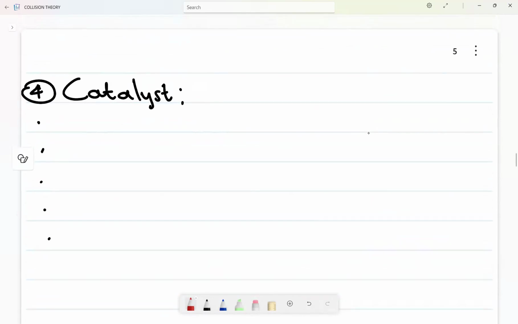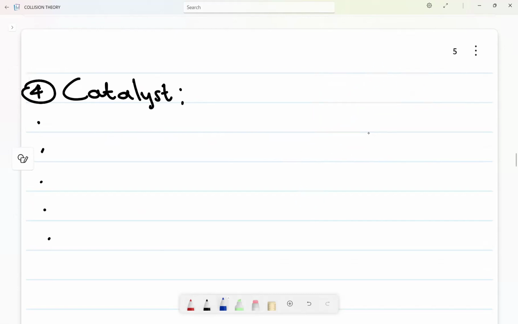A catalyst is just a positive catalyst. What does a catalyst do? A catalyst lowers the activation energy. So it provides a shorter route.